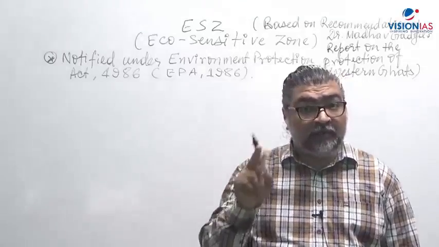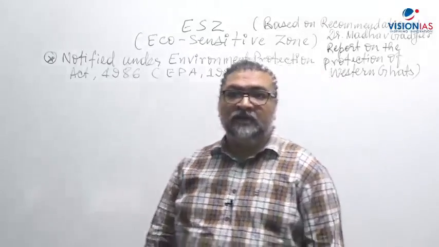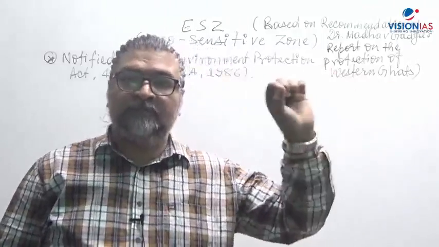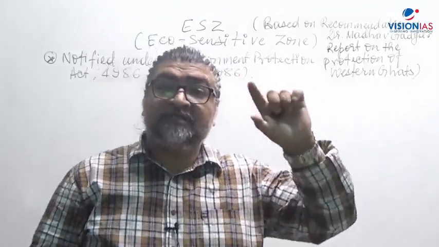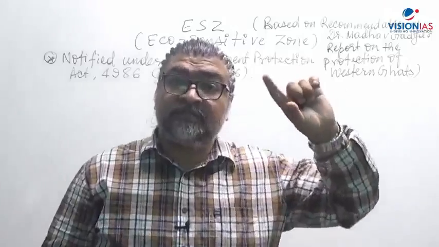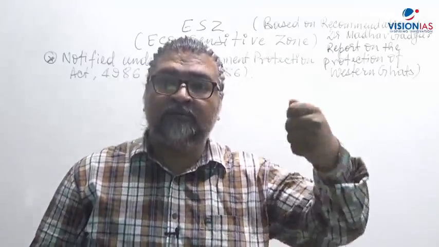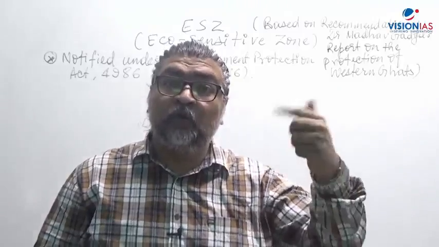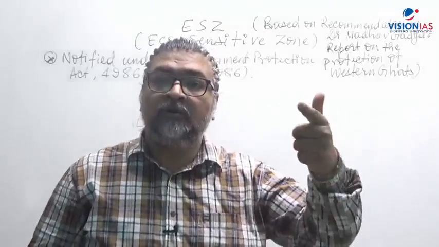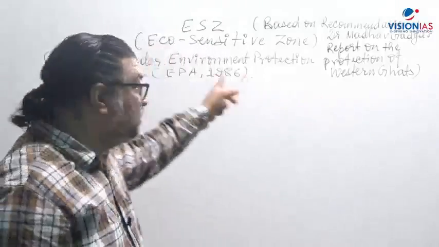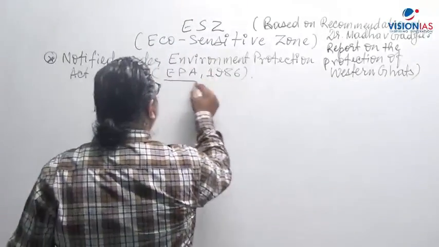Under the Environment Protection Act, for any matter pertaining to environment, the central government, under section 3, is empowered to bring about any rules or any kind of law or guideline. That is possible there, so it comes under the Environment Protection Act 1986.